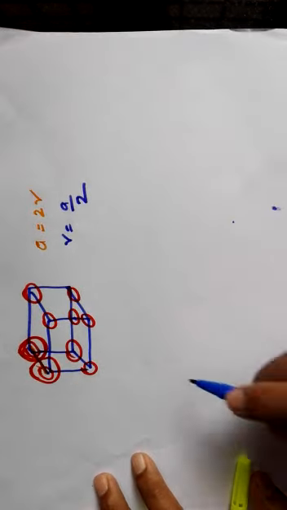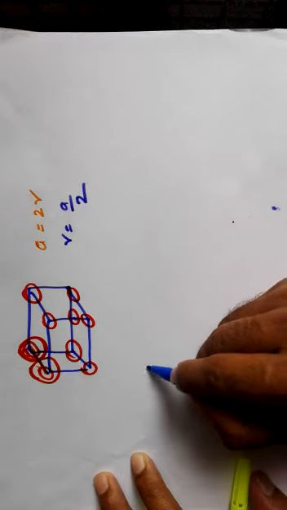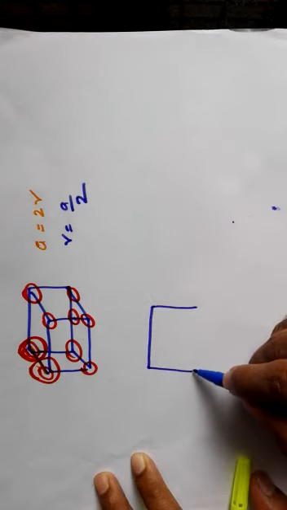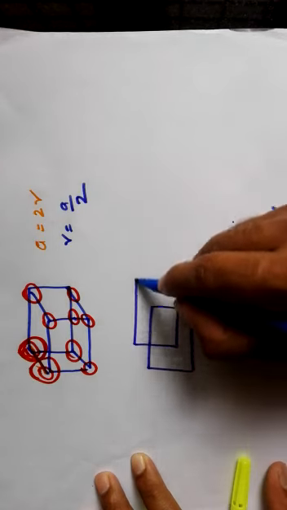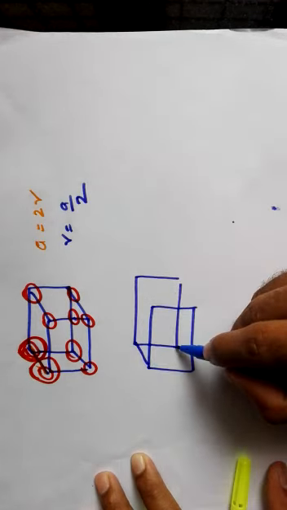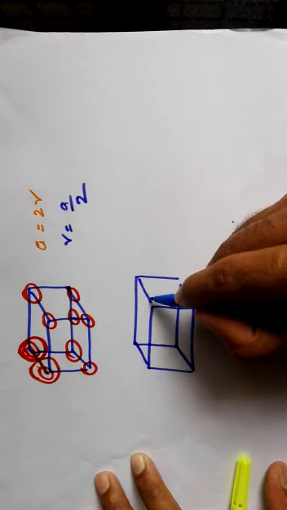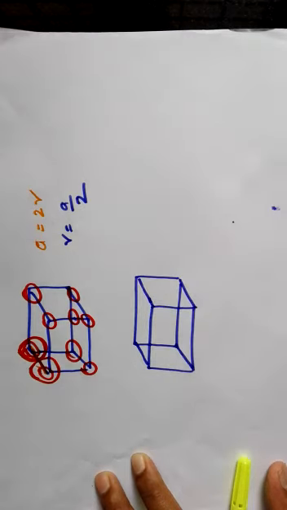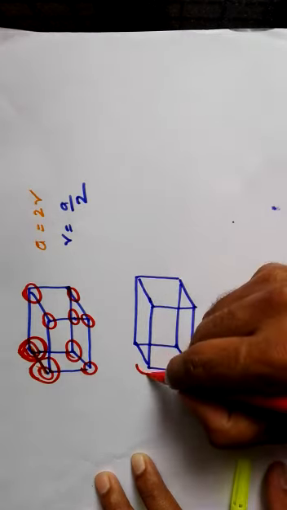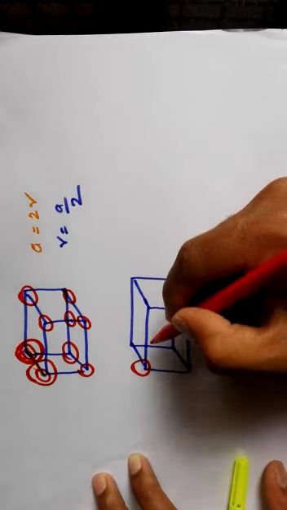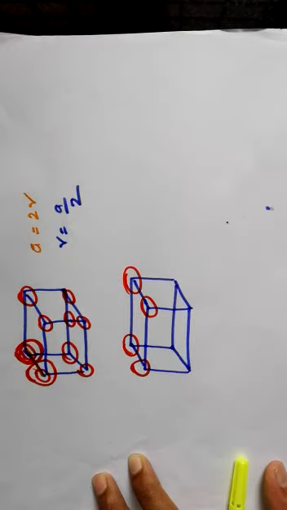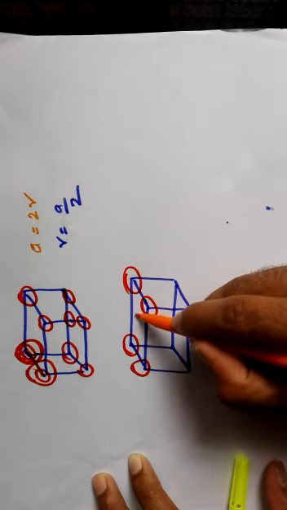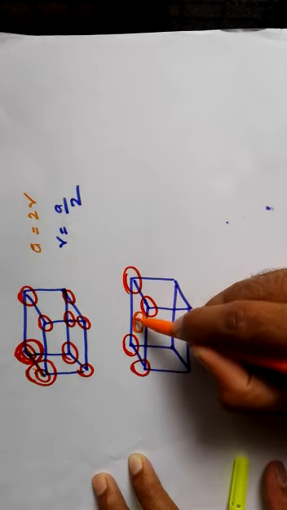Now, let me go to what a face diagonal is. How do you get the face diagonal? Imagine a unit cell like this. Suppose this is a face. You have a particle at this corner, at this corner, at this corner, and at this corner. Here is the particle at the face.